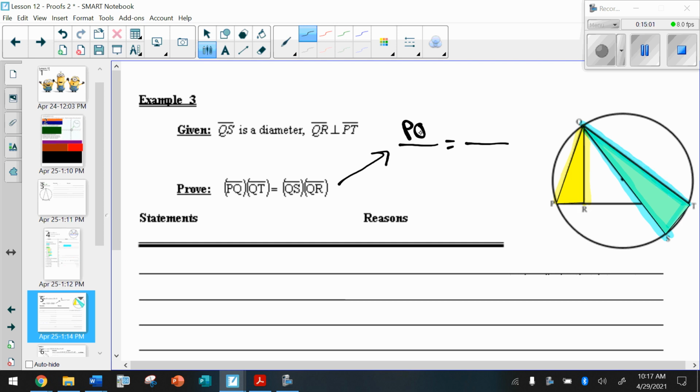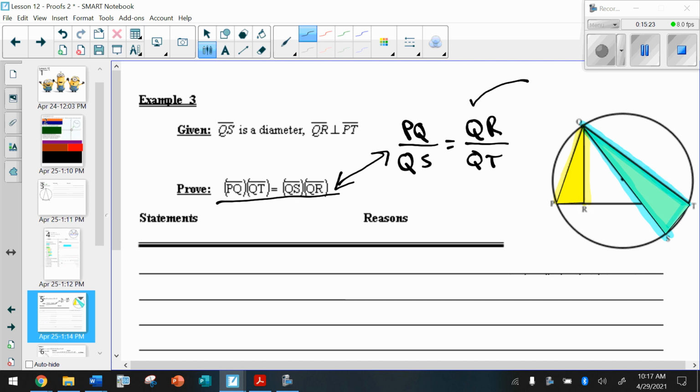So it'll be PQ, QT have to be diagonal because they get cross multiplied, and then QS and QR are the other two. So we're going to have a reason why we can create that proportion, and then we'll do the cross product property to get to the end of our proof.